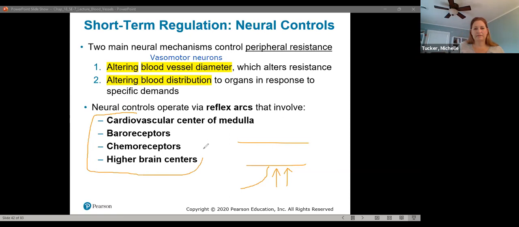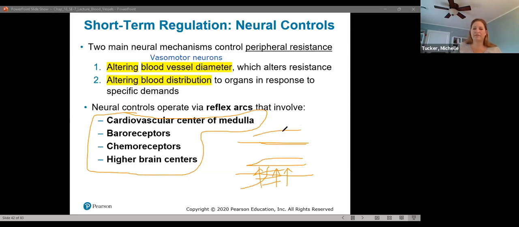These controls here are going to affect the rate of firing. So if baroreceptors get stimulated or inhibited, depending, we'll go into that reflex arc in a second, they can increase the rate of firing, which would cause vasoconstriction, or decrease the amount of firing, so there's much less, and we'll get vasodilation.